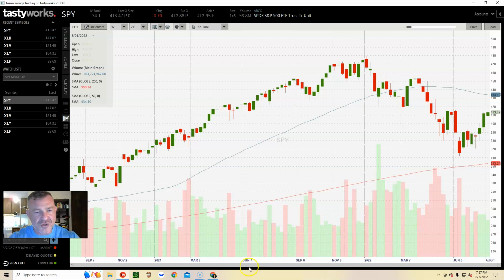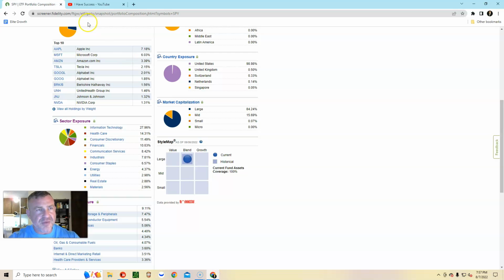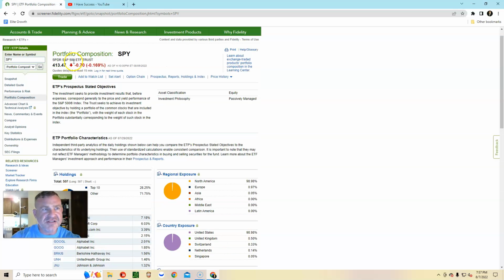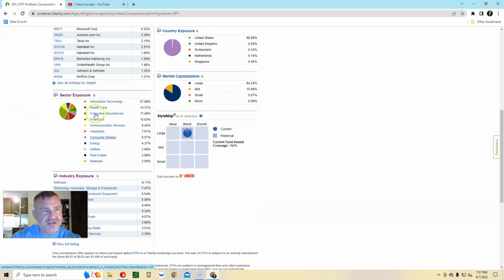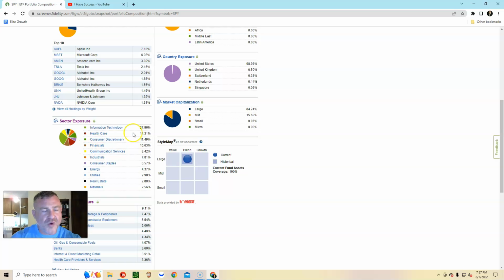You can go to the internet and search for something like what percentage of the S&P 500 is made up of technology stocks. Then you'll find links to things like this, and you can look at what the S&P 500 is made up of, and from there you can find ETFs.